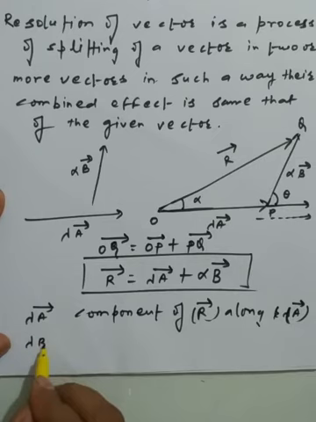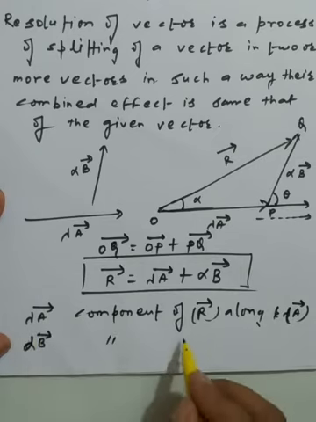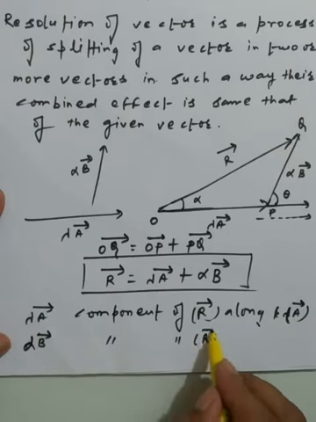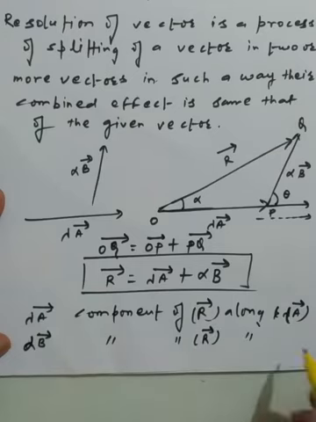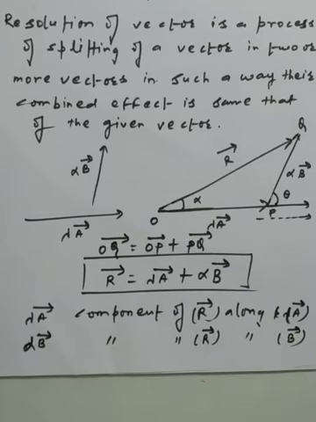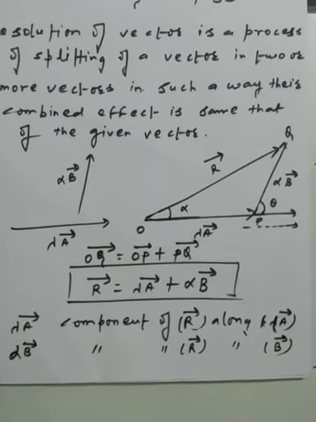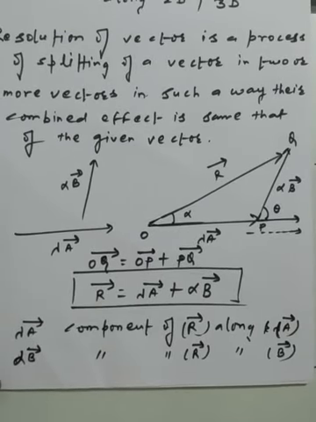And the alpha B vector we have is simply the component of vector R along vector B. Okay, so this is the simplest representation of the resolution. Now we have to give emphasis to the components of a vector in two dimensions and three dimensions.